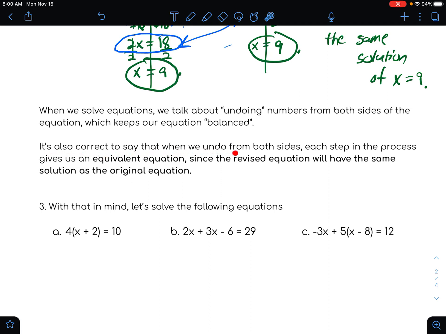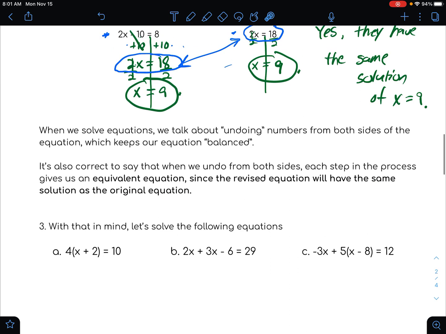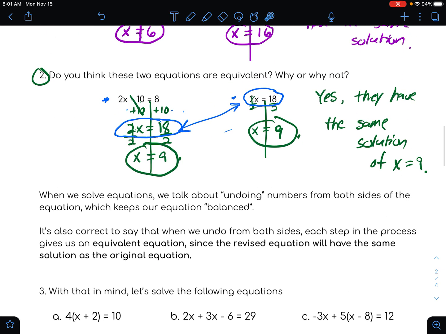It's also correct to say that when we undo from both sides, each step of the process gives us an equivalent equation, since the revised equation will have the same solution as the original. So that's what I was saying here. Each step of the process here, notice we still have an equation. 2x equals 18 is still an equation, even though it looks different than the original.